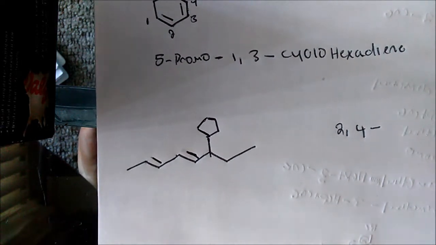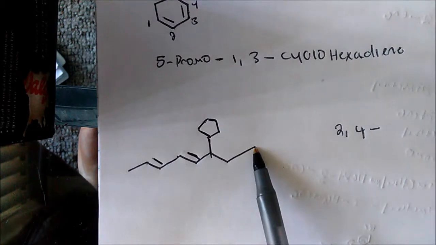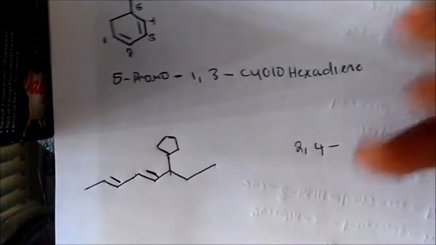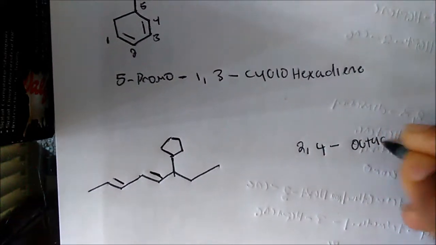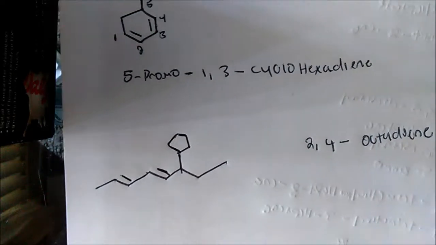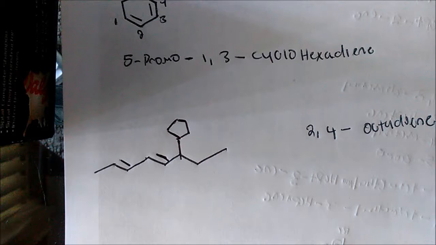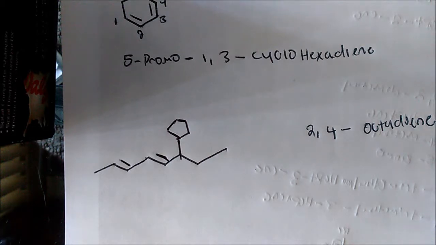So let's count the longest continuous carbon chain. This is 1, 2, 3, 4, 5, 6, 7, 8. So this would be 2,4-octadiene, because the longest continuous chain is octane. Well, octene, because we're doing alkenes, but because we have two double bonds, we give it diene, which implies there are two double bonds on the longest continuous carbon chain.